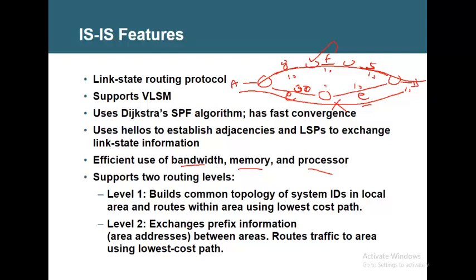Level 2 is equivalent to type 3, 4, 5, 6, 7. In other words, level 1 is within the area. Do you agree with me? Yes, because type 1 and type 2 are what? Routes within the area.